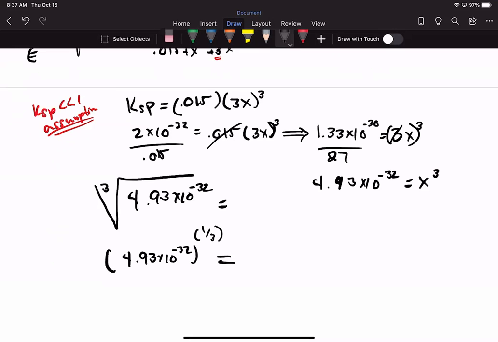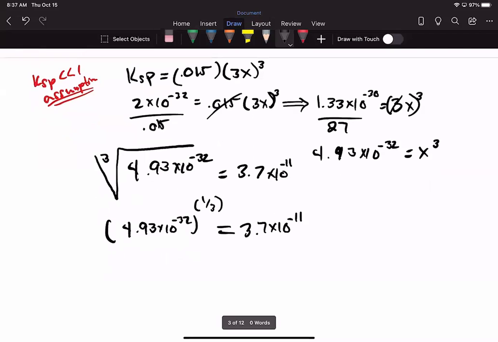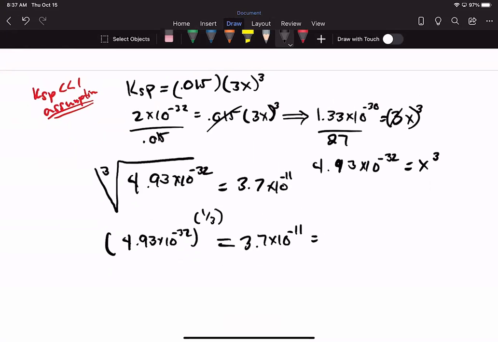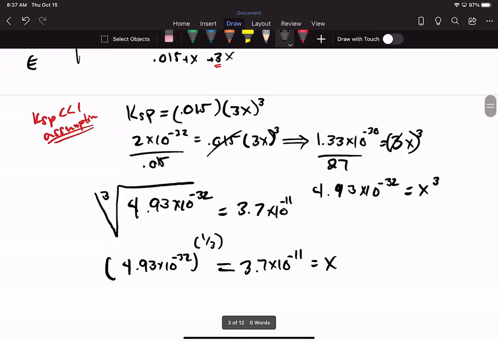And both answers should be the same here. I'll put like 3.7, I guess. 3.7 times 10 to the minus 11. Either way that you want to do that. But this is equal to x.